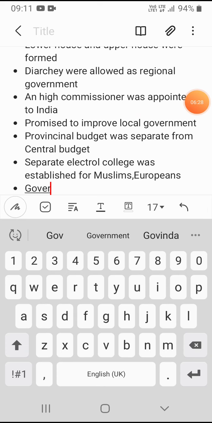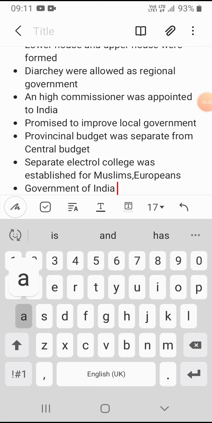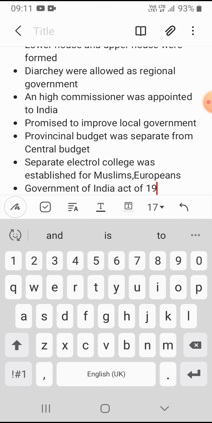Last is the Government of India Act of 1935.